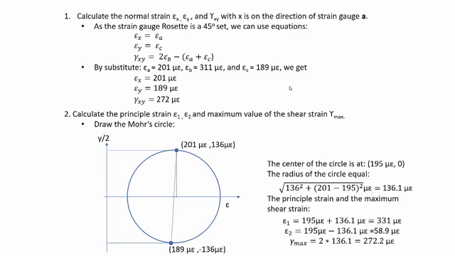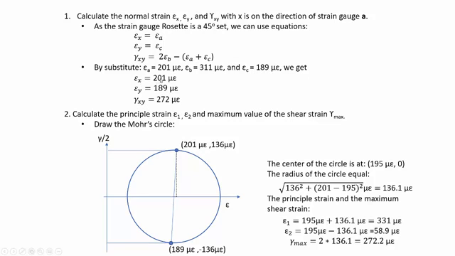First, we want to calculate the normal strains epsilon x and epsilon y and gamma xy. So we're going to use this strain rosette equation at 45 degrees. If we substitute epsilon A equal to 201, epsilon B equal to 311, and epsilon C equal to 189, we get values that look like this.